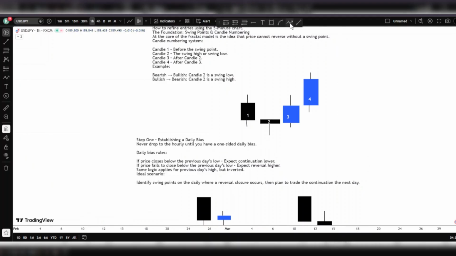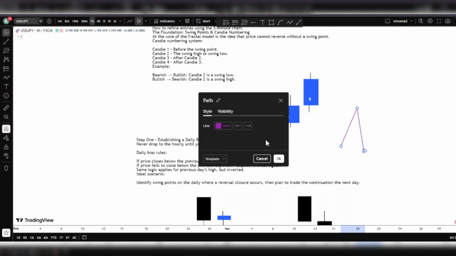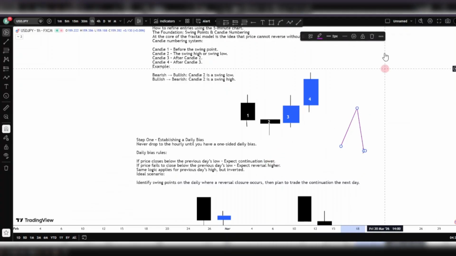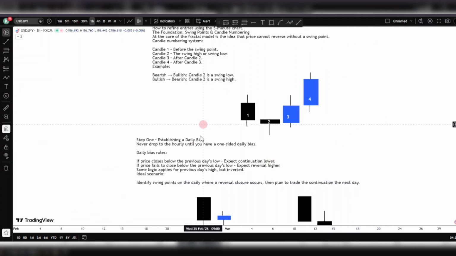In the market, you can either buy or sell. You only have two options. So you have to start by having a clear sense of direction. Where do you want to see price go? Do you want to see price go higher, or do you want to see price go lower? Because those are the only options that you have.